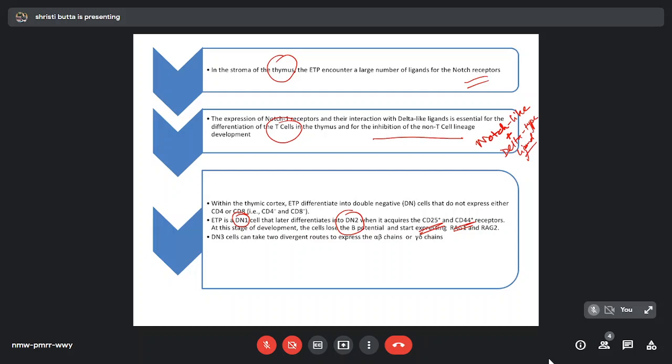At this stage of development, the cells lose their B cell potential and start expressing RAG1 and RAG2. DN3, that is the double negative 3 cells, can take two divergent routes. Now, what are the two divergent routes? That is the alpha beta chain and the gamma delta chain. Let's go into it.